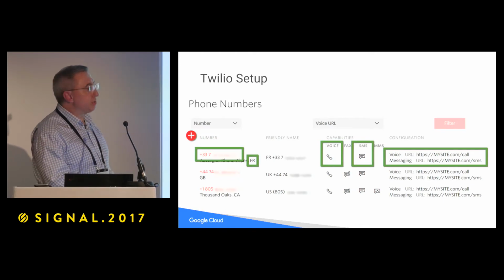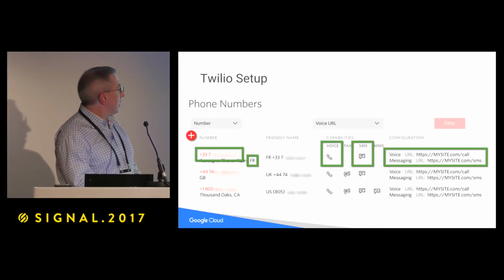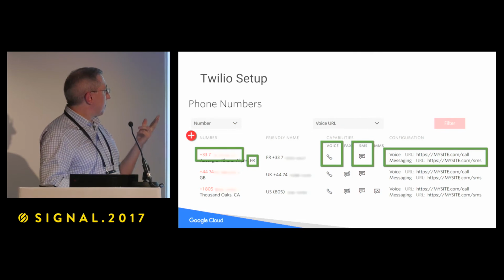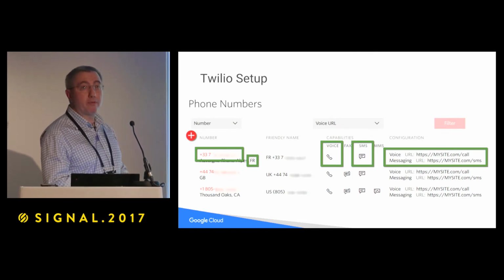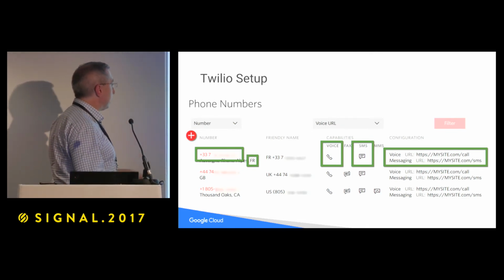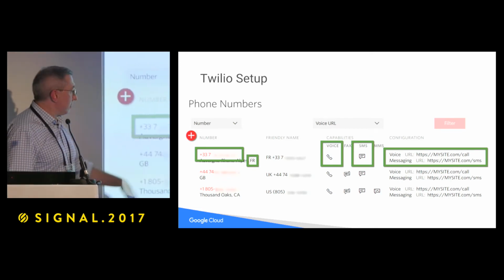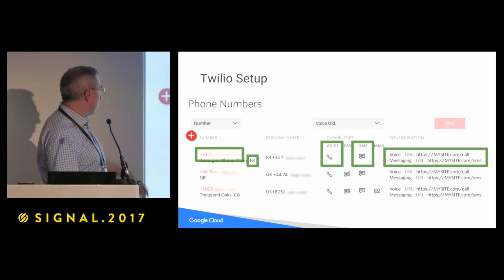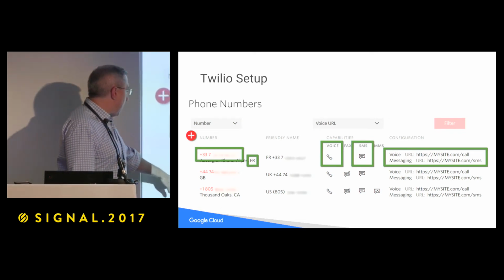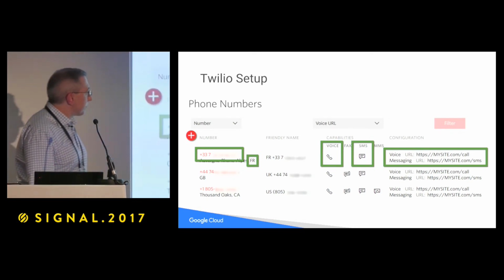The only configuration that I had to do with Twilio: I provisioned 3 phone numbers. A French one, because I'm based in Paris, a UK one for you today, since I imagine that most of you would have a UK phone, and a US one too.